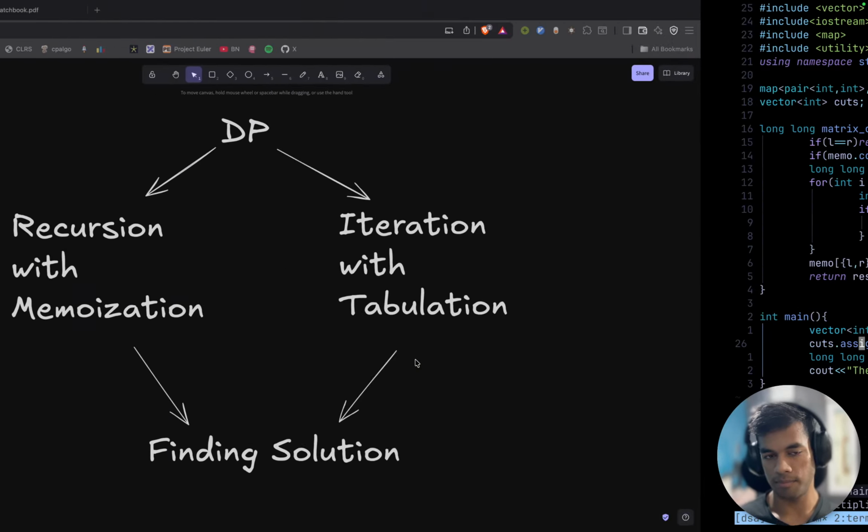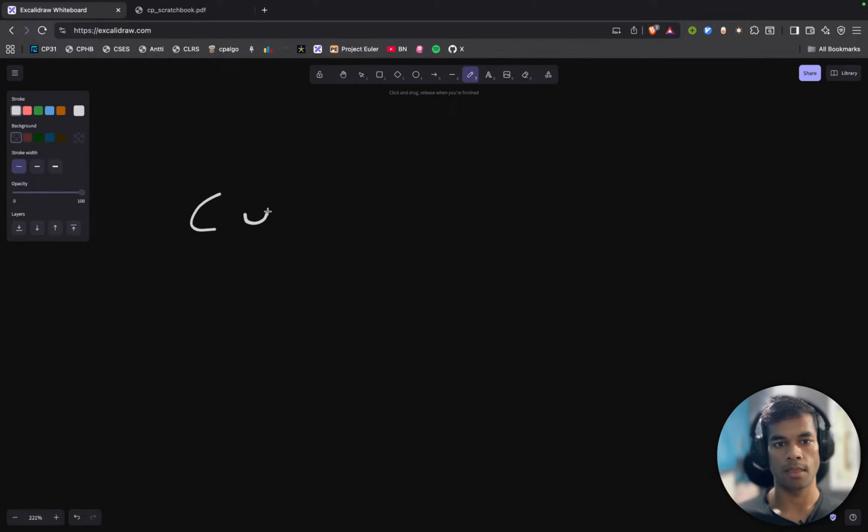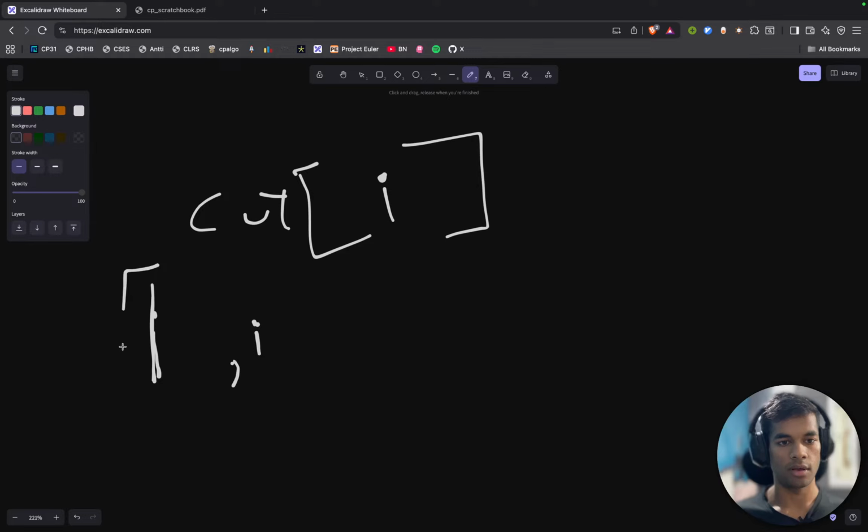Cut I says that when we have a matrix range from 1 initially, the first matrix till I, where 1 and I are included, where is the point where we should make the cut in this range 1 to I?